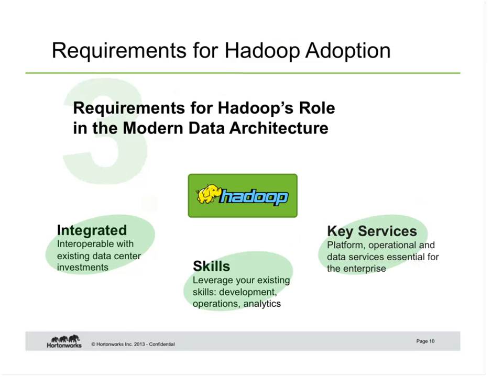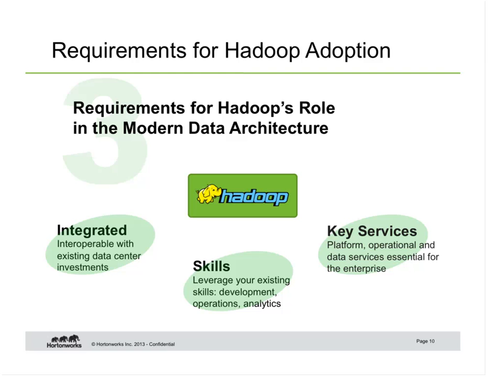And to dig into some of the requirements for Hadoop adoption from an architectural and technical angle, there are three that I see that drive how you view an enterprise-ready Hadoop distribution. It needs to be integrated and interoperable with data center and data system investments that you've already made in your organization, so you enable the modern data architecture.